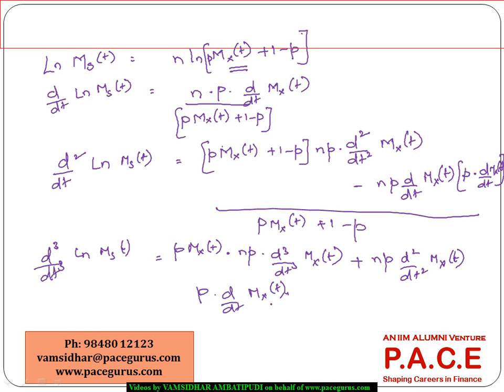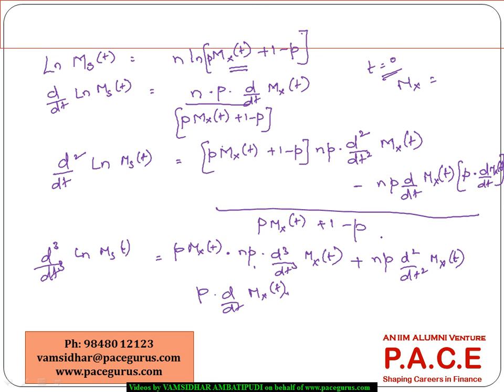So if I'm going like this, taking the third derivative, and finally we have to understand when I'm substituting t equal to 0, mx is becoming my mean. So mx of 0 is directly becoming my mean. When I'm substituting a 0 in all these things, overall it is coming out as np times d cube by dt cube mxt plus pmx divided by pmxt plus q, and similarly I'm getting some np squared.